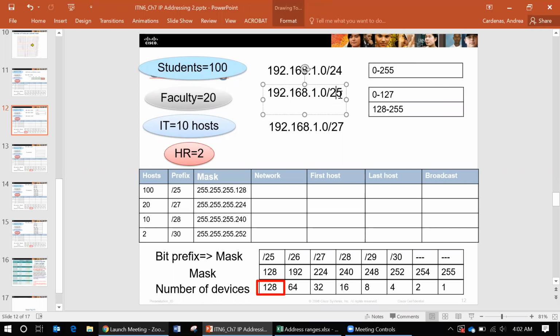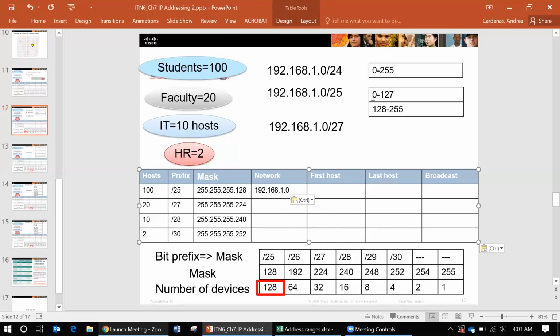Every time you use one more bit, you're going to divide the network in half, basically doubling the amount of networks. So if you have a /24, you have 0 through 255. With a /25, you now divide it in half, and your ranges are now 0 through 127 and 128 through 255. So we know that we are using this address as a network address, the very first address.